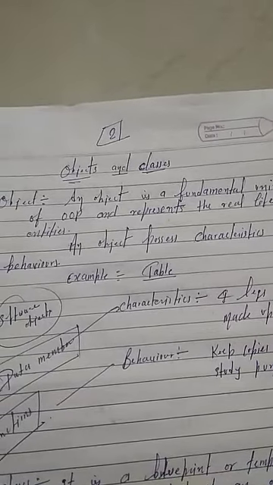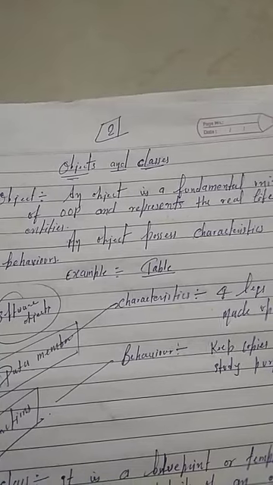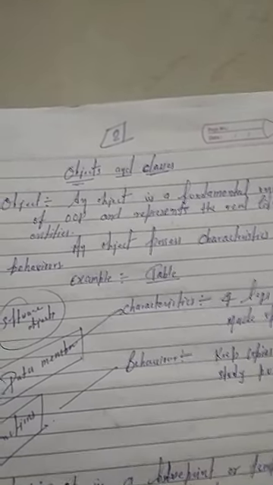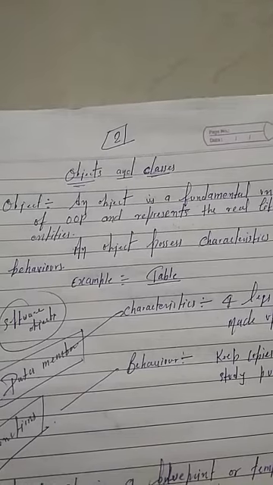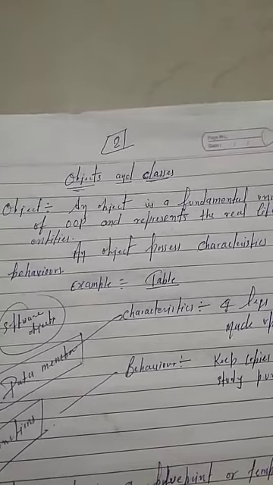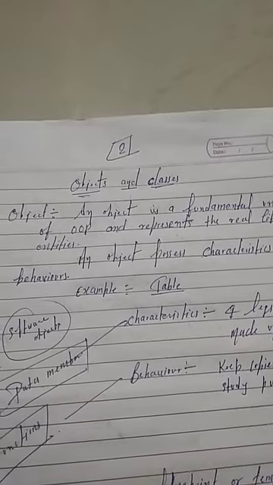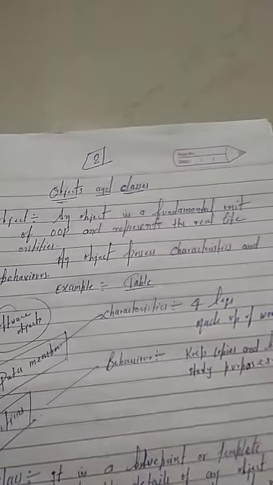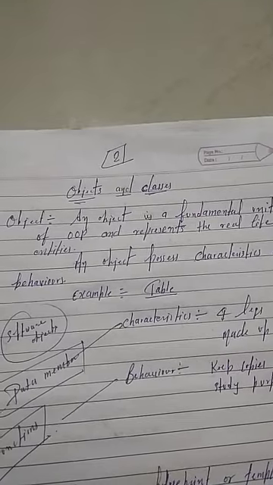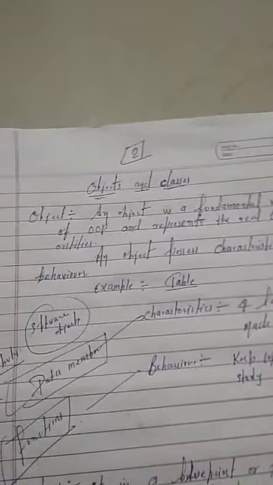Later on we will understand how to create an object and how to create an instance of a class, but now you understand the theoretical term, the literal meaning of an object. An object is a fundamental unit of object oriented programming and represents real life entities.